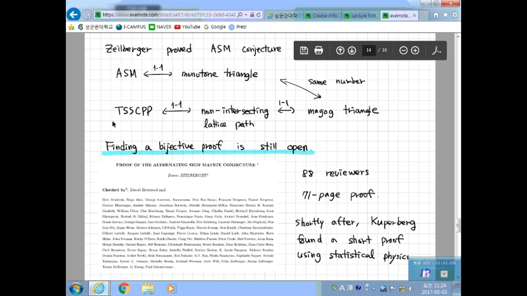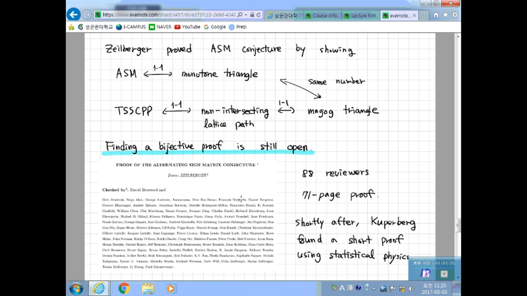Mainly his contribution is the proof of this, and inventing this terminology and definition. But his proof was very, very complicated. This is his proof. It was 71 pages long.